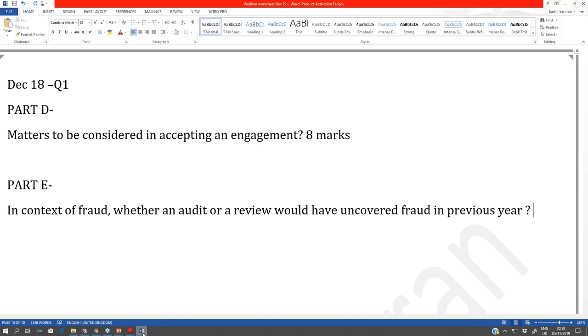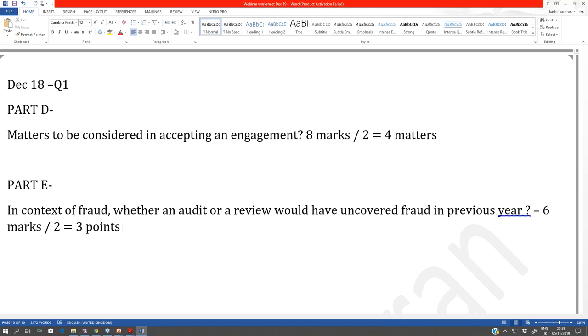And this is a 6 marks question. Now that means 8 divided by 2, we need to write 4 matters. 6 divided by 2, we need to write 3 points. So that's the structure, right? Let's consider the matters.